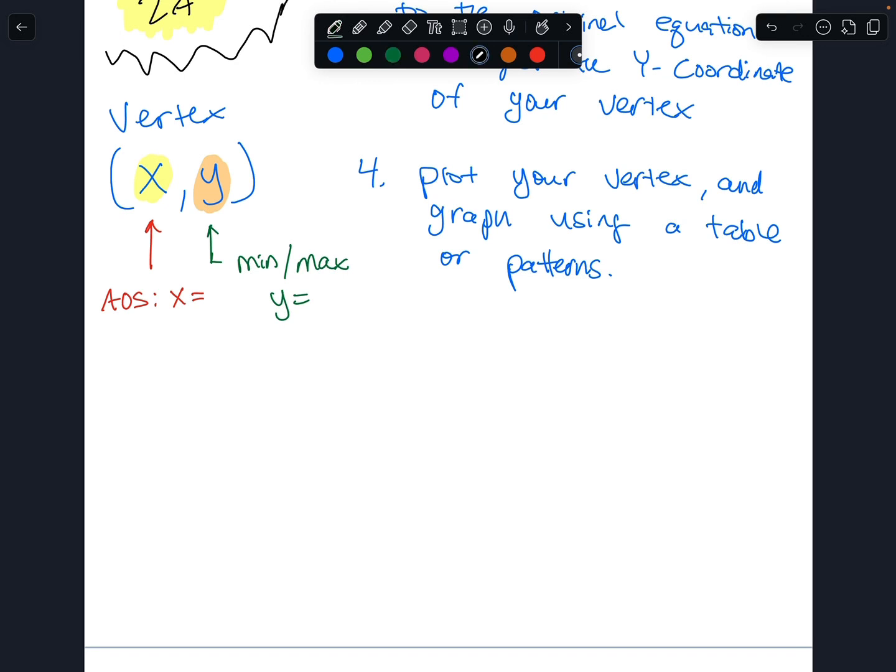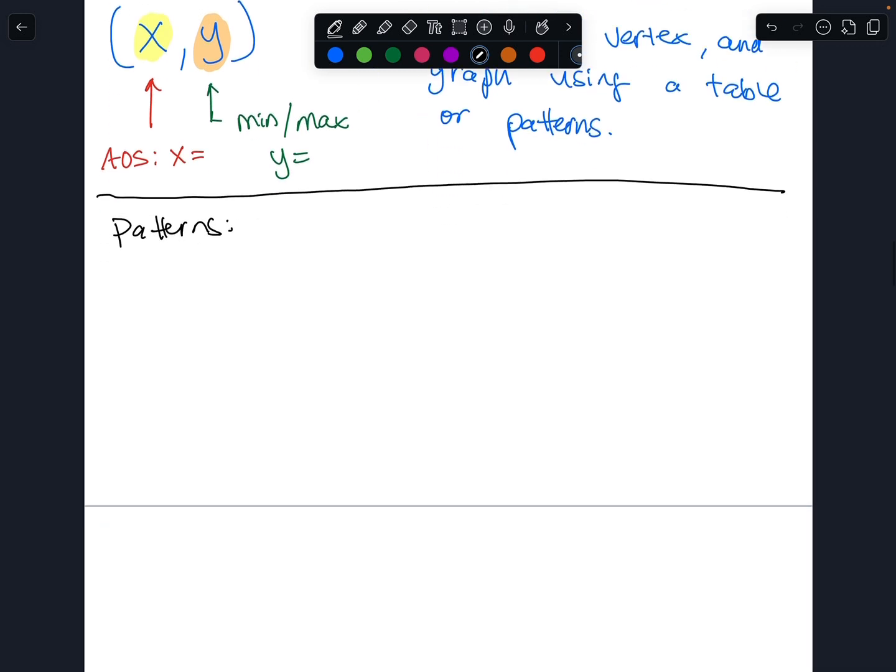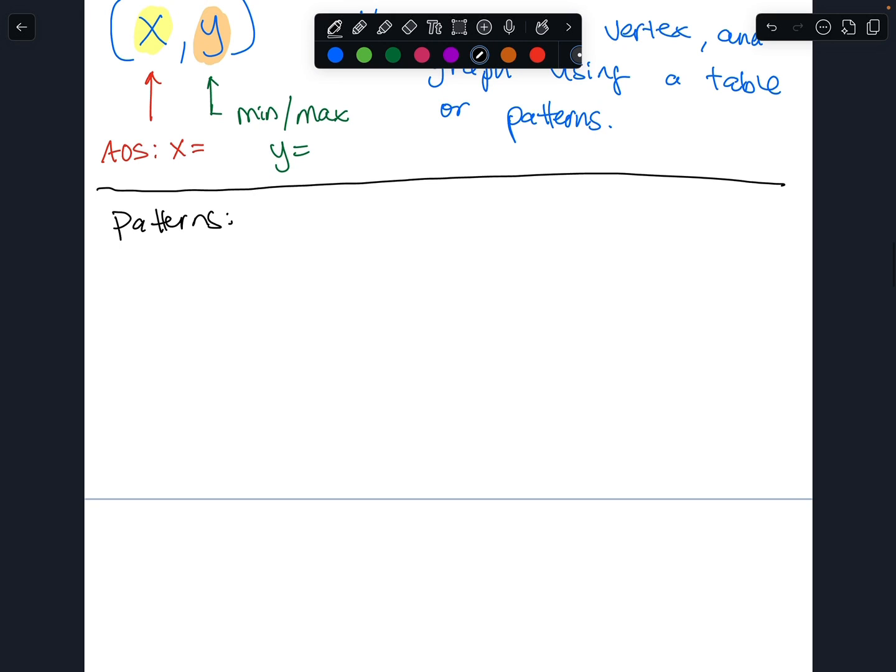So let's actually get into what I call patterns. And if patterns confuse you, use a table or whatever you got to do to get your graphs. But here are the patterns, and this works on all quadratics because quadratics are symmetrical, which is why we have an axis of symmetry.